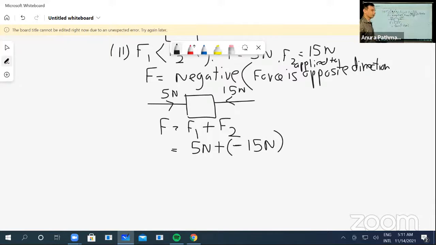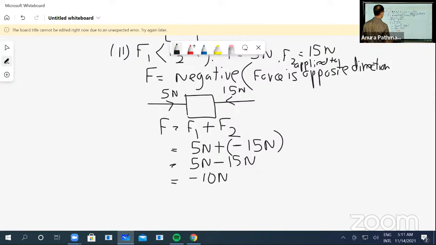Negative, not minus. Negative 15 Newton, opposite. Then we write 5 Newton plus negative 15 Newton. The result is negative 10 Newton.